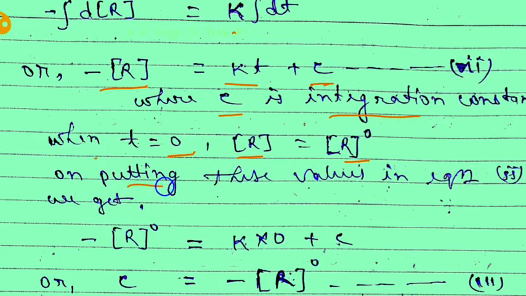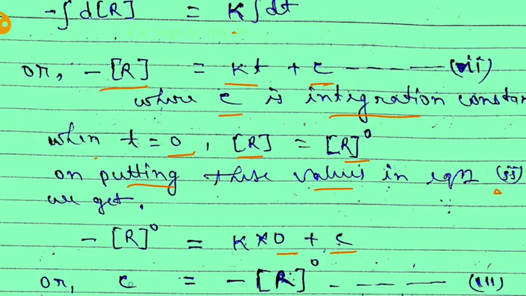On putting these values in equation 2, we get minus [R]0 is equal to K into 0 plus C, or C is equal to minus [R]0, because K into 0 is equal to 0, and hence only C will be left.